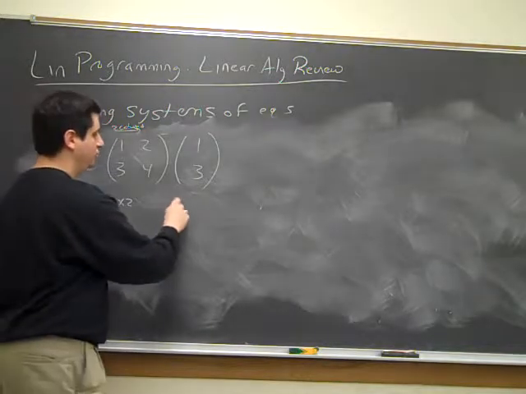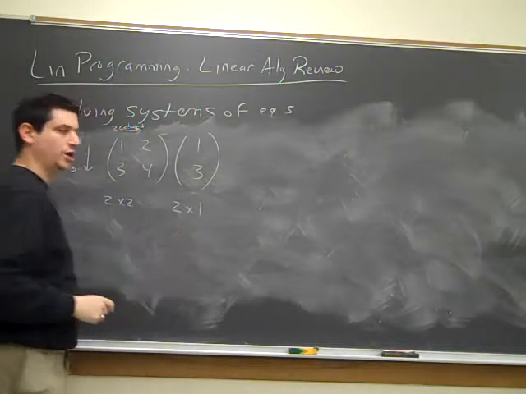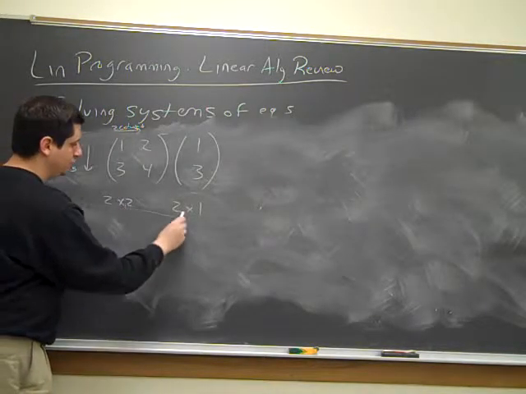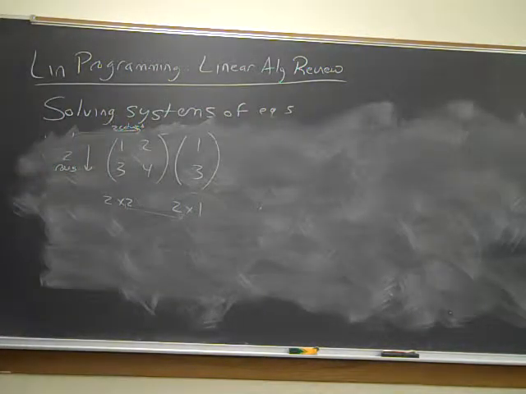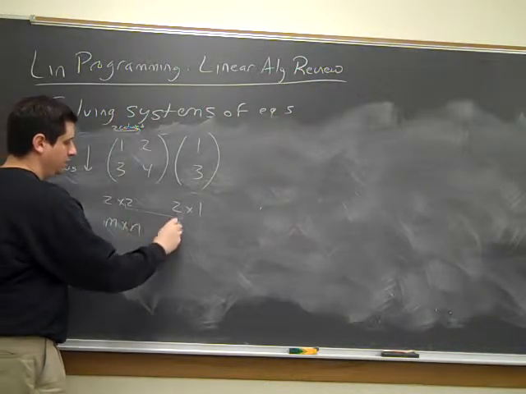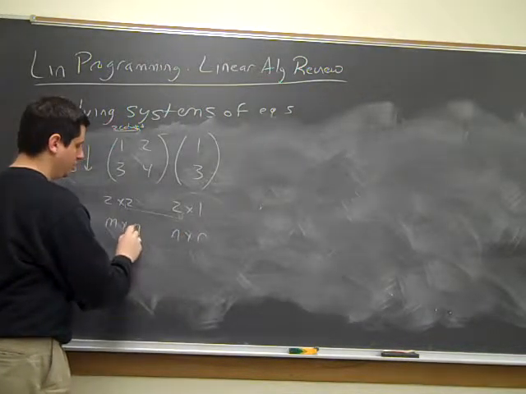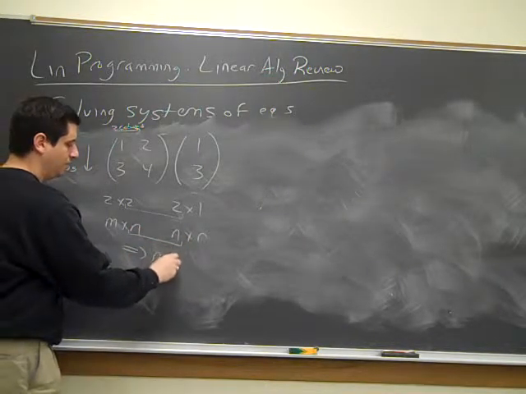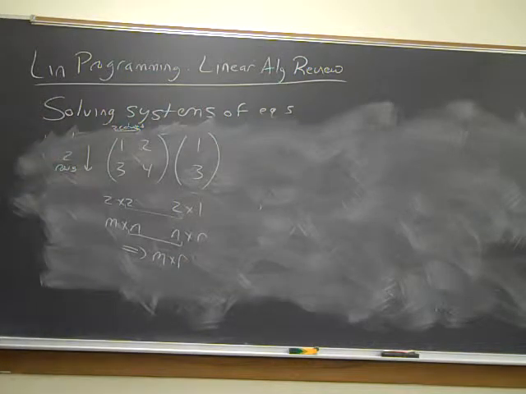This matrix has two rows but only one column. It turns out you can multiply matrices so long as those two numbers are the same. And so in general, if you have an m by n and an n by r matrix, you can multiply because these are the same, and it's going to lead to an m by r matrix.